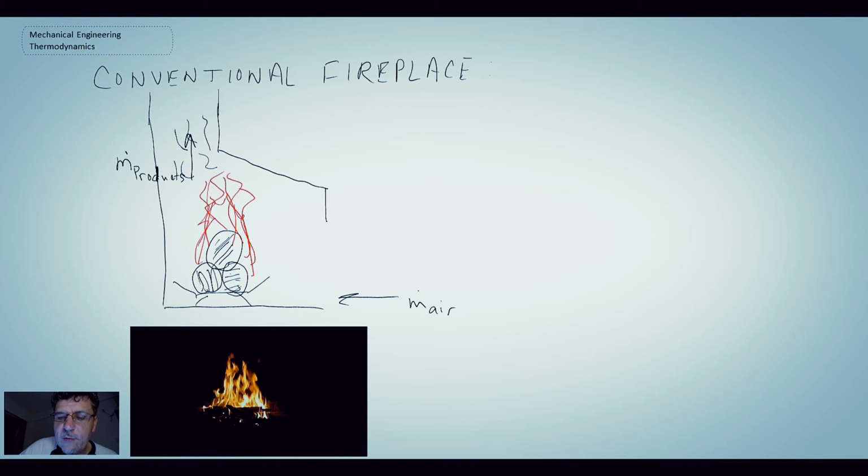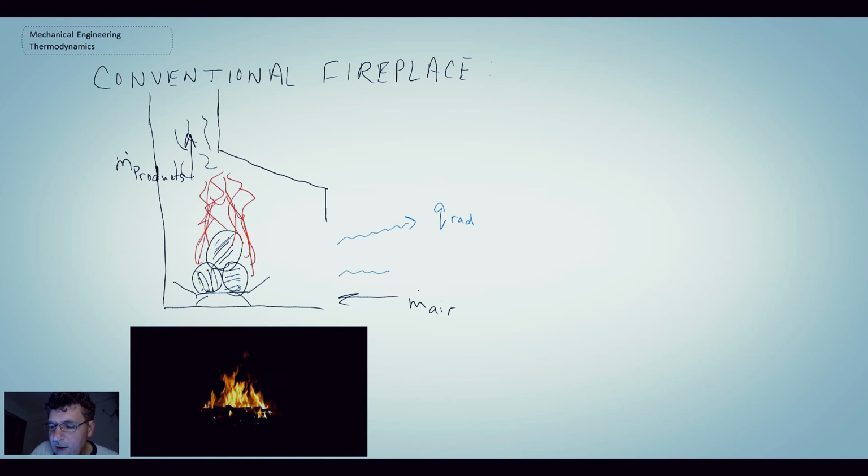So in the process of that, a couple of things are happening. First of all, we have radiation energy coming out. So if you've taken a course in heat transfer, you will know what radiation is. That's the heat that can be transferred through a vacuum, but you'll feel the heat on your face and on your hands as you get close to it.